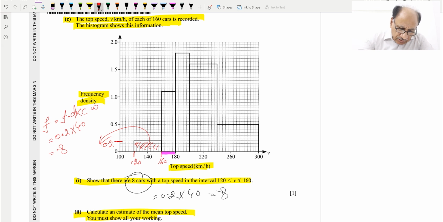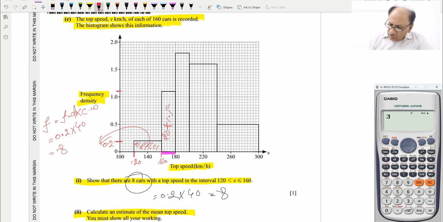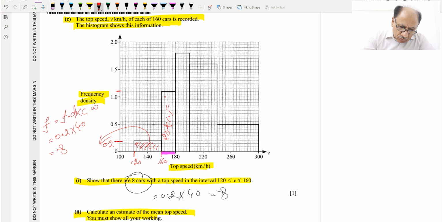So we can write 20 multiplied by the height, which is up to this one, 1.1. We can write 20 into 1.1, which is equal to 22. So the frequency will be 22 for this bar.